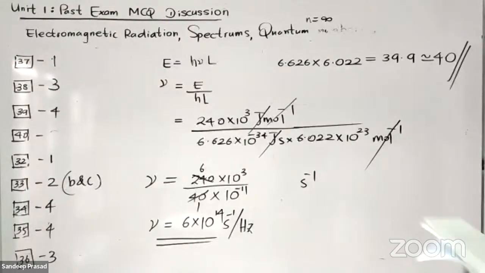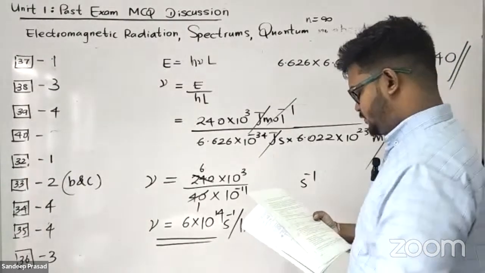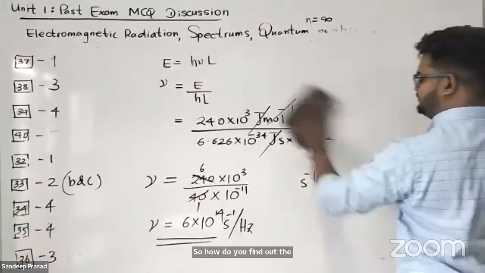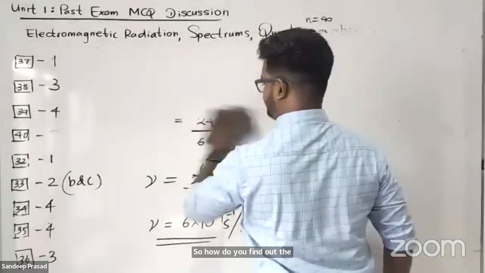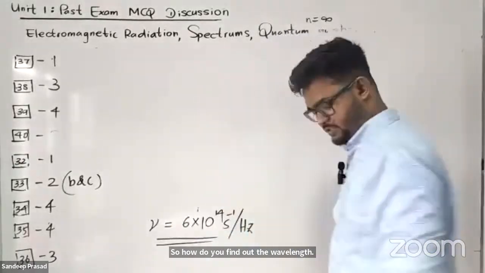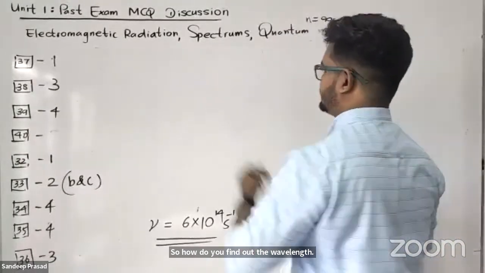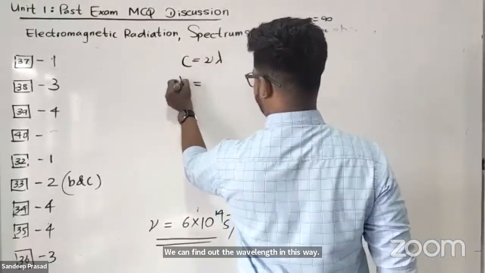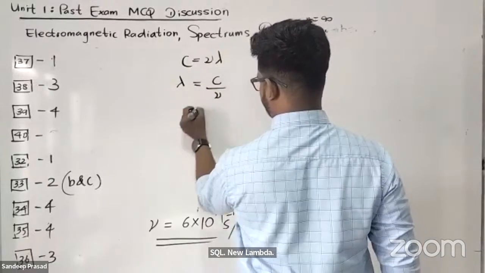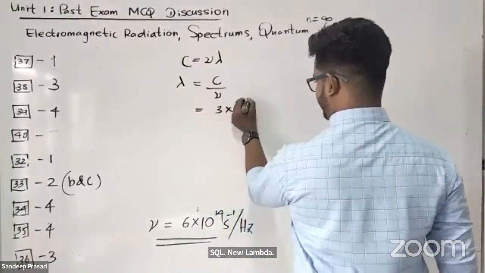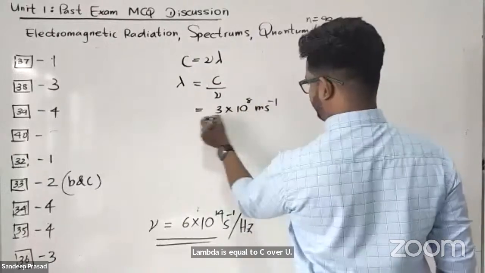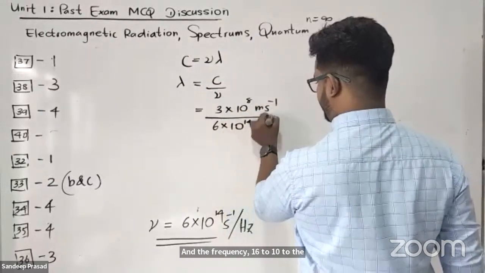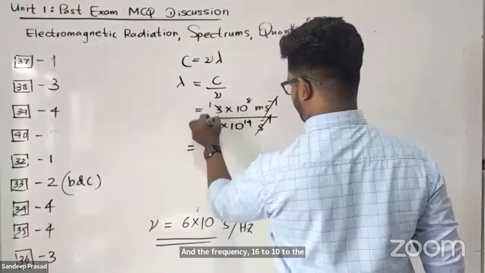Right? So how do you find out the wavelength? We can find out the wavelength in this way. c equal nu lambda. Lambda is equal to c over nu. Velocity of light is 3 × 10 to the power 8 meters per second. And the frequency is 6 × 10 to the power 14 per second. Per second will cancel off. 1 here, 2.